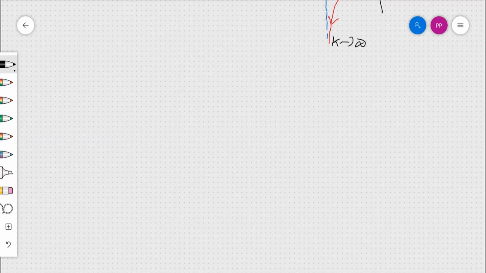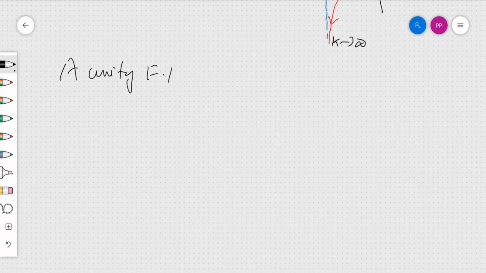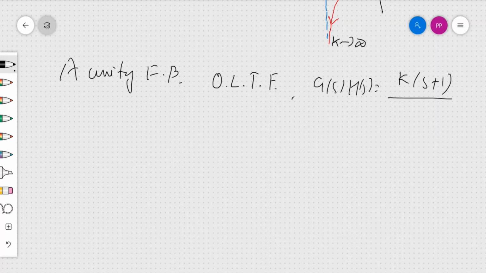So we have a unity feedback system. Whenever I write unity feedback system, it means a unity negative feedback system with open loop transfer function G(s)H(s) equal to K into (s plus 1) divided by s into (s minus 1).